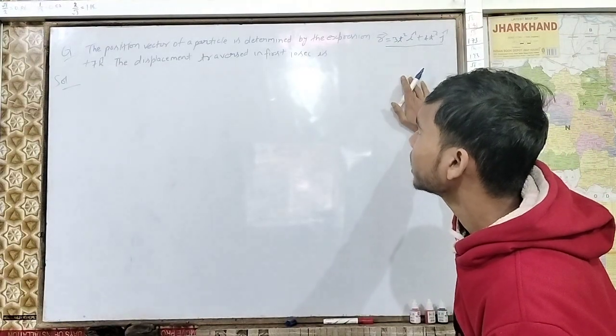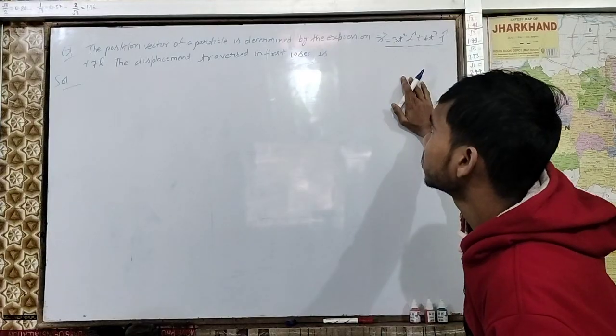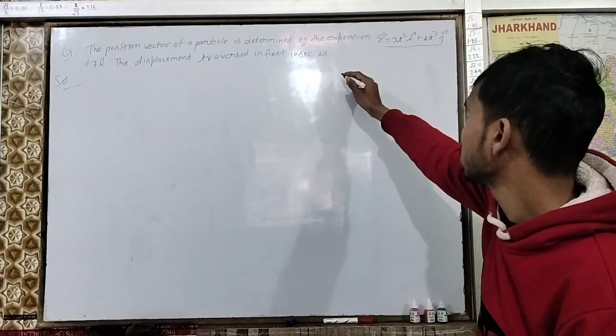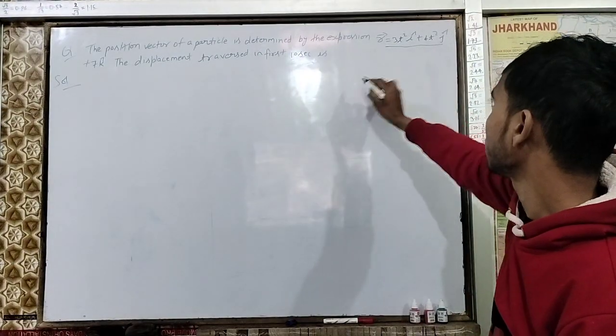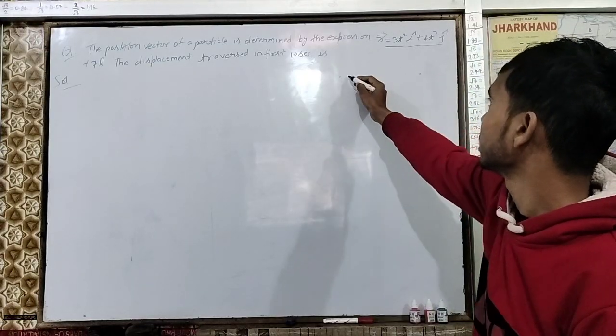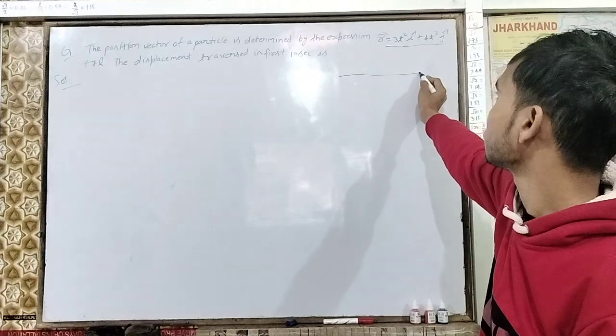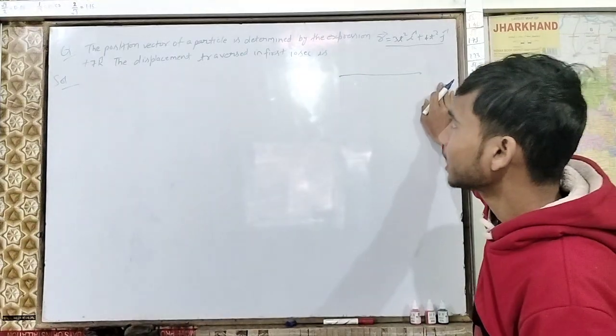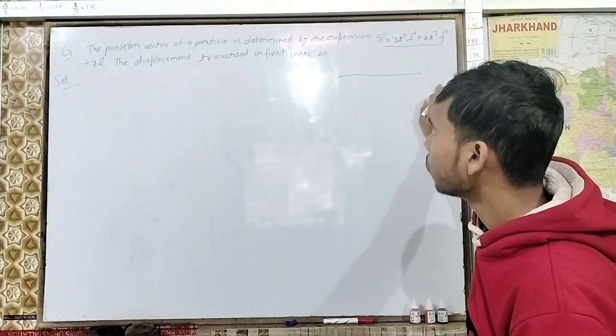The displacement traversed in the first 10 seconds means from here till here. This is a particle and it moved over here.